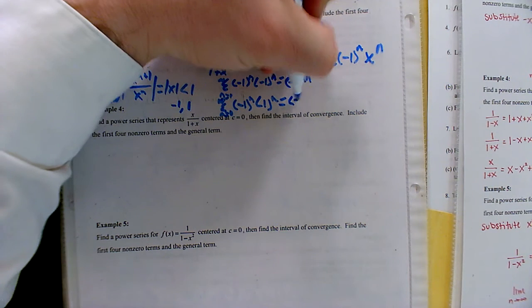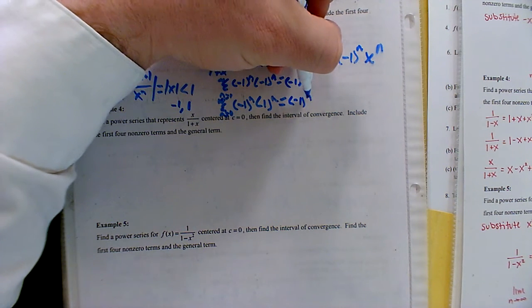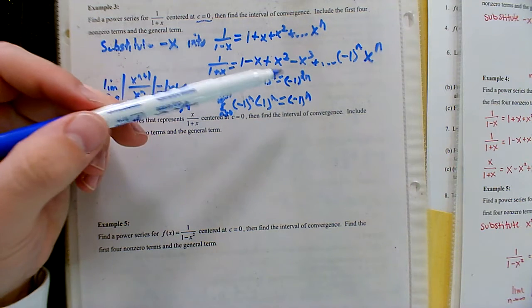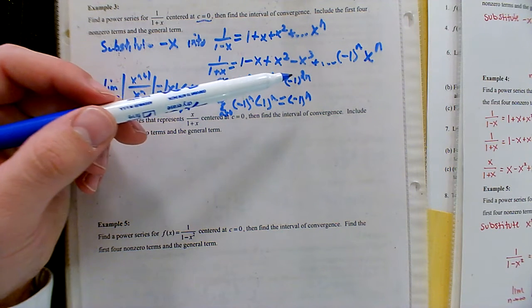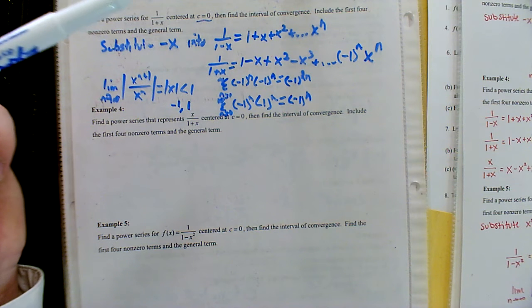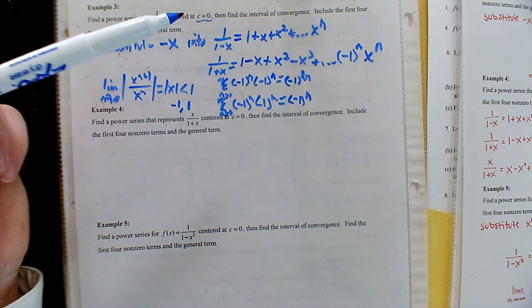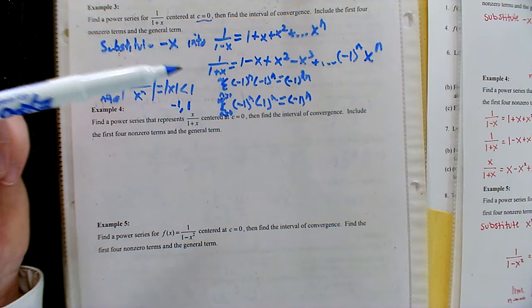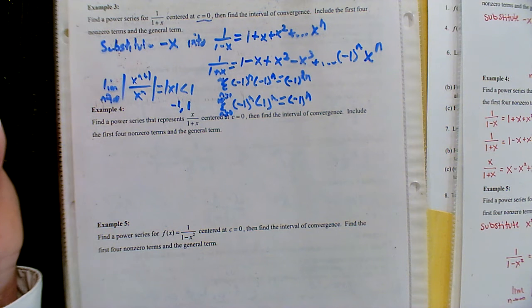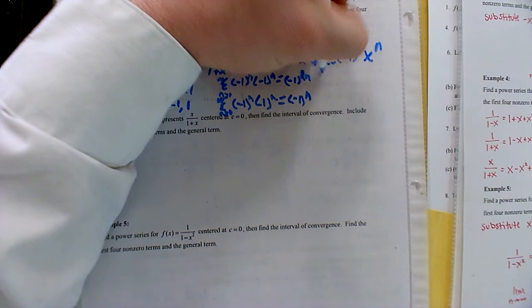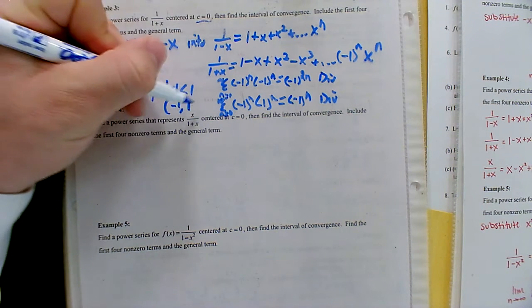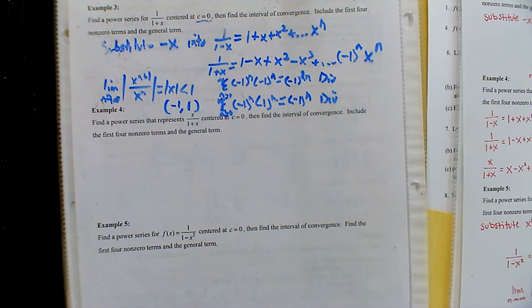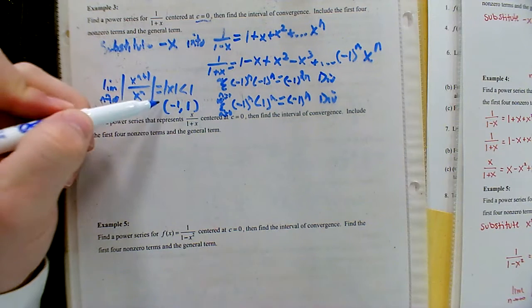And this down here is just negative 1 to the n. We okay with that? All right, so now converge, diverge. Negative 1 to the 2n and negative 1 to the n. Diverge. So again, we have parentheses, negative 1 to 1. That's your interval.